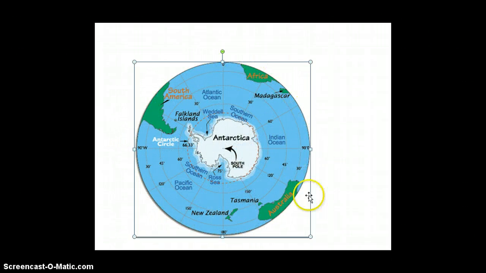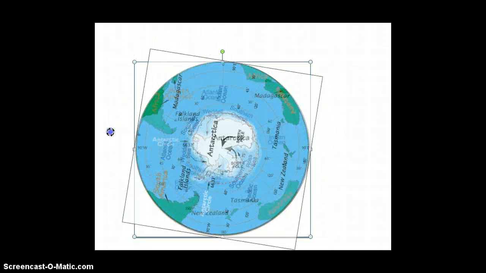So we know that all the way around would be 360 degrees. So if you rotate it this way, 90 degrees would be right there. 180 degrees would be halfway around. And then 90 degrees counterclockwise would be turning it this way.